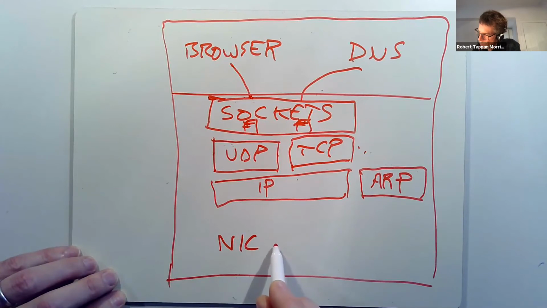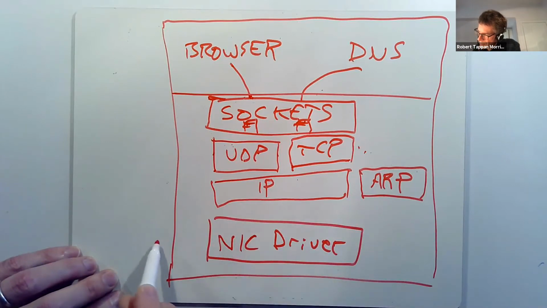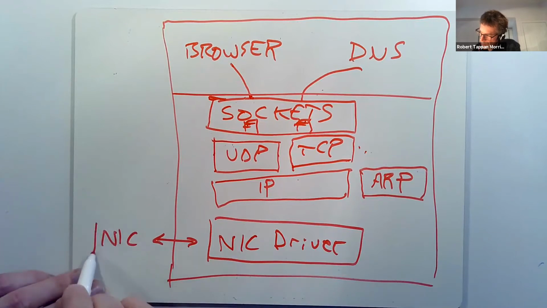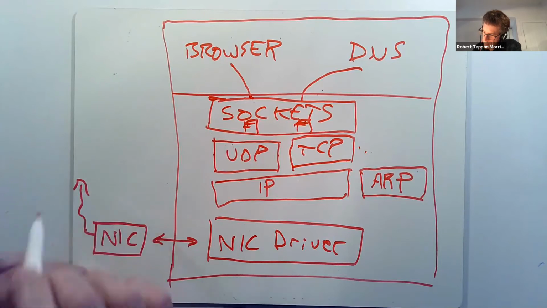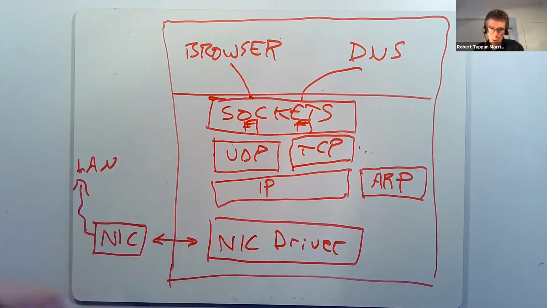Typically there's one or more NIC drivers at the lowest layer, and these talk to the actual NIC, network interface hardware, which itself has a connection off to the local area network or whatever kind of network you're attached to.